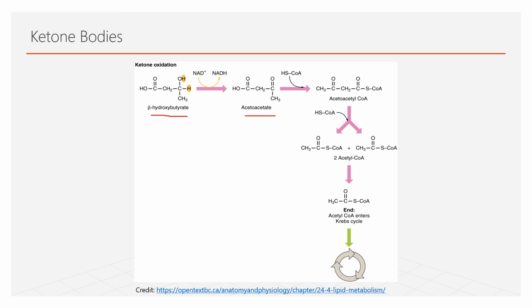Here you can see beta hydroxybutyrate is converted into acetoacetate, followed by production of acetoacetyl-CoA. At this stage, the molecule will be split into two, forming two acetyl-CoA, which then enters the Krebs cycle for production of energy.